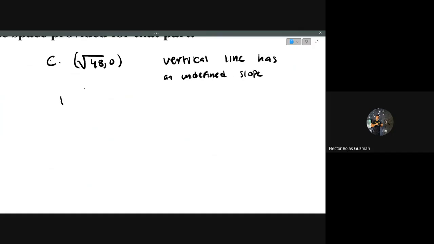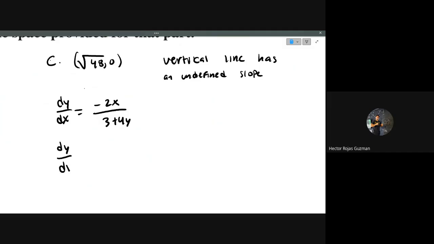So my dy/dx that I was given originally, which is negative 2x divided by 3 plus 4y, that should have a denominator of 0. So does it? Well, let's find out.